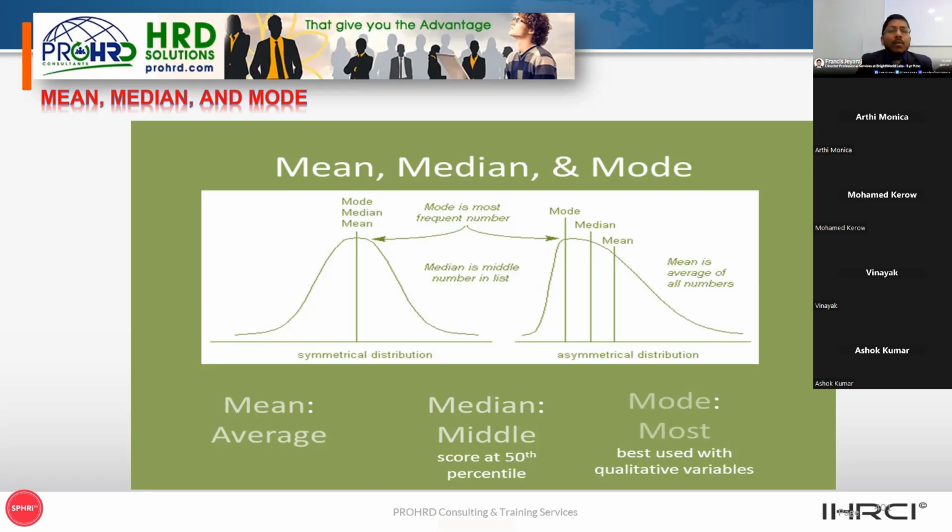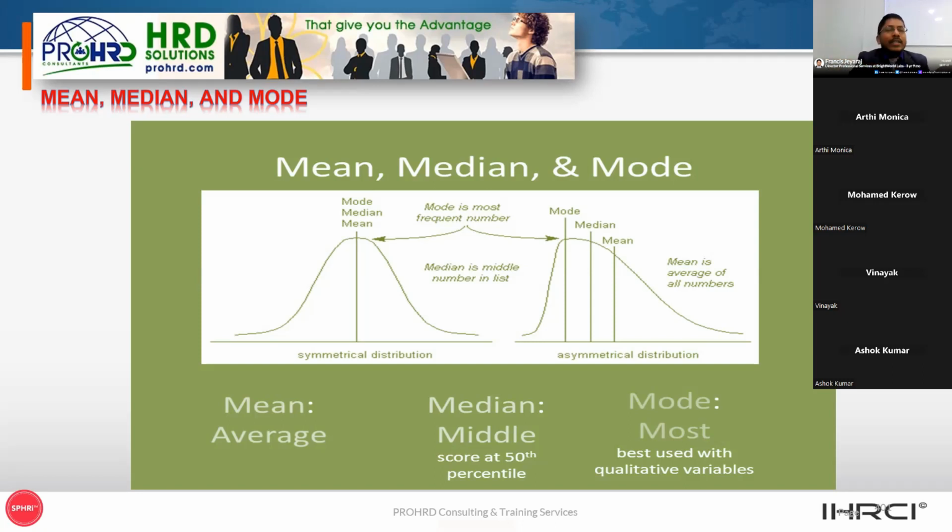Here, how many modes? 3 modes are there, no? Yes, 3 modes. Multimodal is also possible. If all the data are the same, for example, 2, 2, 2, 2, 2, 2, 2, is there any mode? No mode. If all the numbers are the same, there is no mode. You understood the mode concept. Mode can be bimodal, multimodal, or no mode at all.